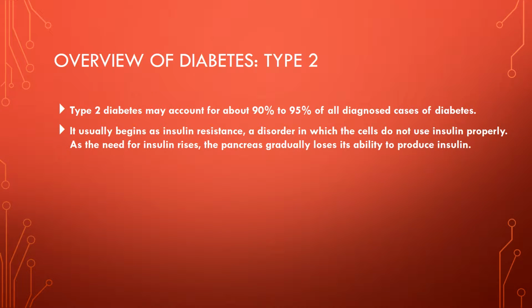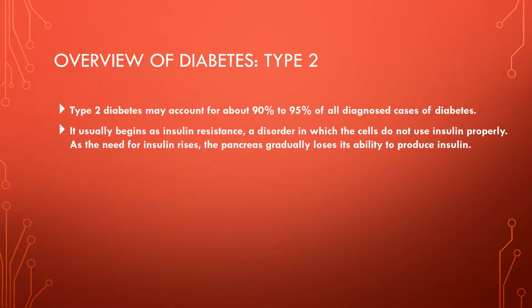Type 2 diabetes is what you're probably most familiar with, because most cases of diabetes are type 2. Usually this begins as what is called insulin resistance, where the body is resistant to the hormone insulin. Insulin, again, is a hormone that's released to lower blood sugar.